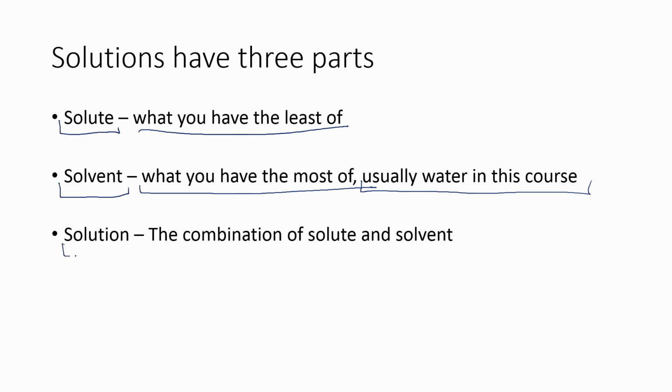The solution is what we call the combination of solute and solvent together. So we need to know this pretty rigorously because we're going to talk about a number of different types of concentration units, and they're going to be defined based on these three parameters.